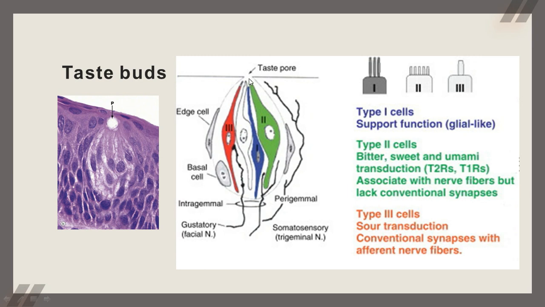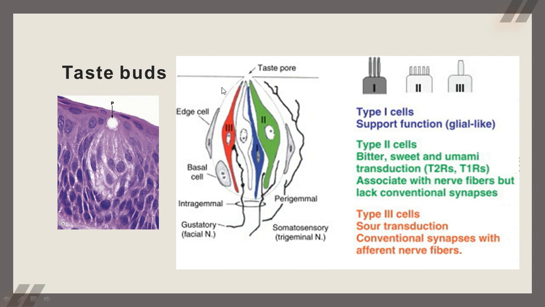So the receptor will be present on the cell, and when the food hits the receptor, that will give the taste perception through the nerve endings which are present on the bottom of the cell. So all your bitter, sweet, all these taste sensations are felt by the taste cell, which is the type 2 cell, denoted in green color.